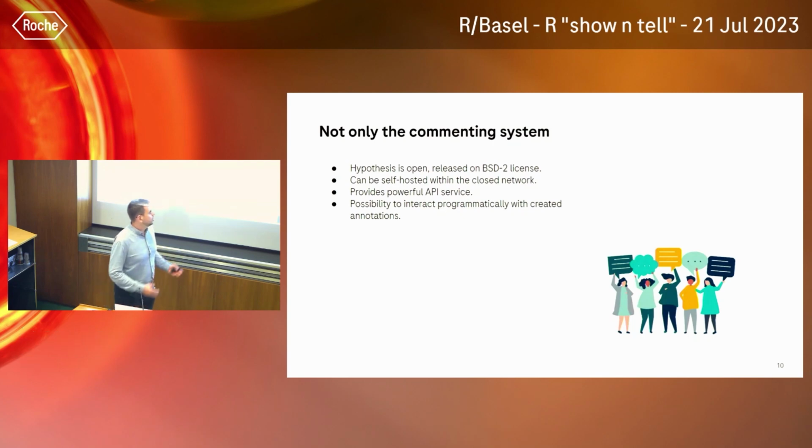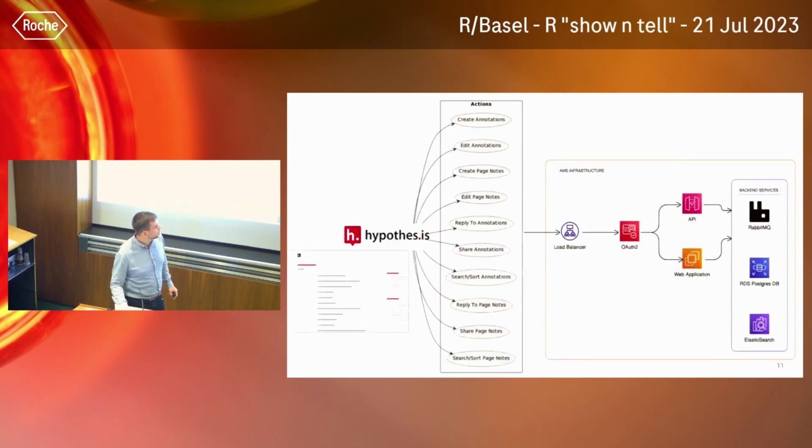But it also provides an API service that wraps OAuth2 authentication, so it's really easy to extend the possibilities and integrate with different websites and tools. Hypothesis allows you to do a lot of actions, mainly what Krystian showed, like the right sidebar.